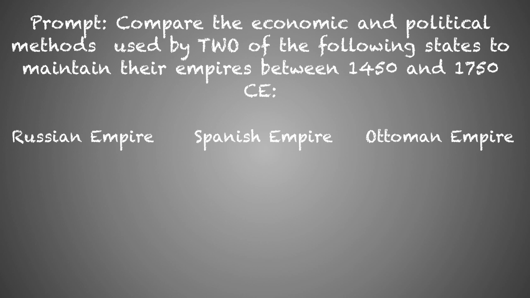So in an essay like this, let's say if you chose the Russian and the Ottoman Empire, you might compare their bureaucratic systems, you might compare the role of the Tsar with that of the Sultan, their methods of tax collection, how they ran their economy, or anything like that to show the similarities and differences. And by the way, the word compare, when you see it in an essay, it always means similarities and differences.